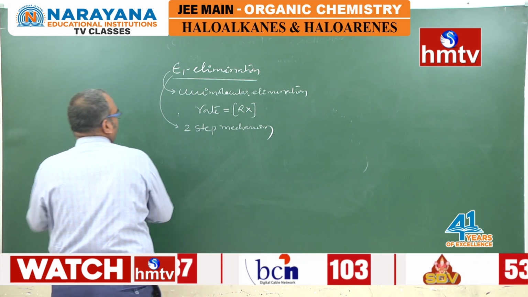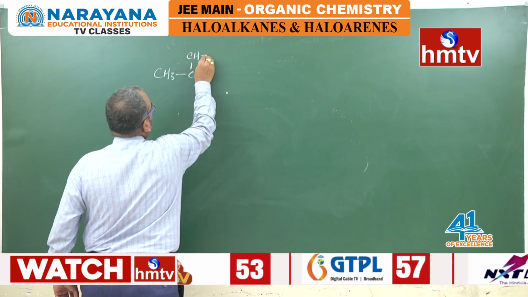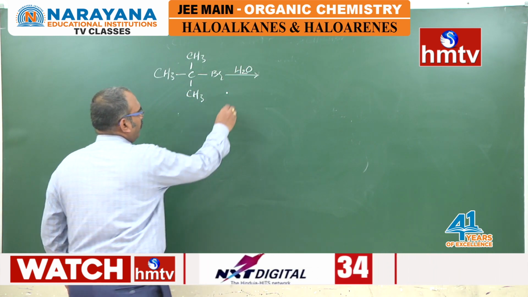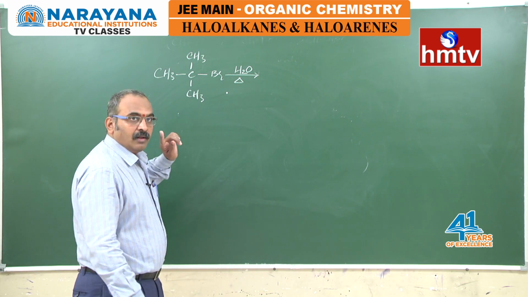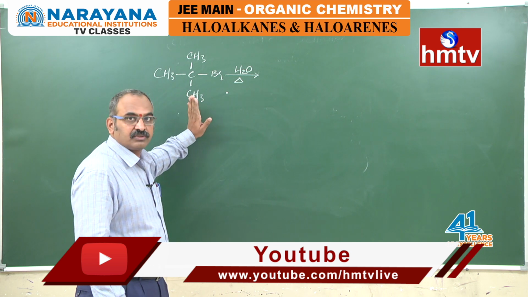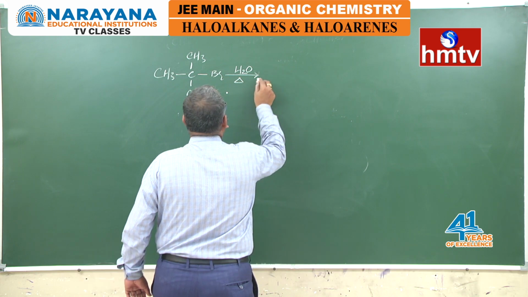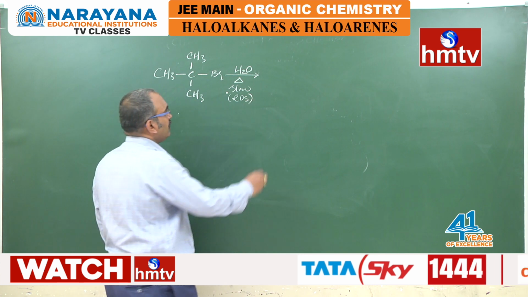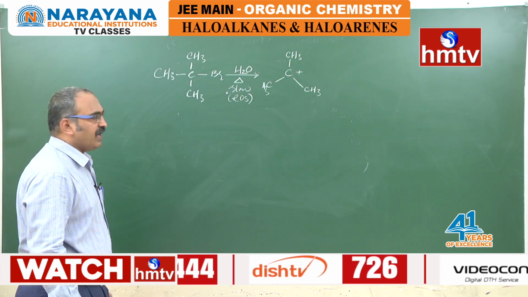Now, I will show that for you. I will consider tertiary alkyl halide and then boil with water, heat with water. I told you that all elimination reactions are endothermic reactions, so that is why it prefers high temperatures. Now, what will happen is in the first step, that is a slow step and RDS, a carbocation is formed in the slowest step of the reaction.